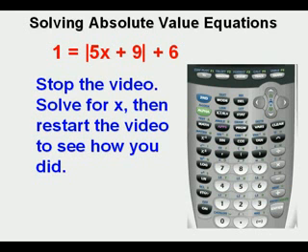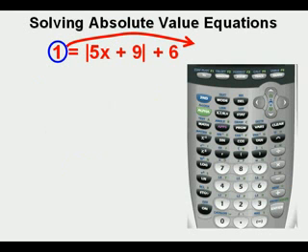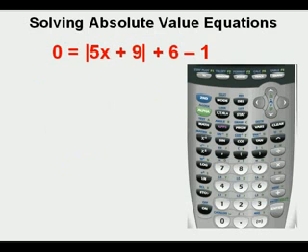Stop the video, solve for x, then restart it to see how you did. To be able to graph on a coordinate plane and use the x-axis as a number line, we need to solve one side for 0, which we can do by moving that 1 on the left to the right of the equal sign. On the right, the 1 becomes -1, on the left side is 0.